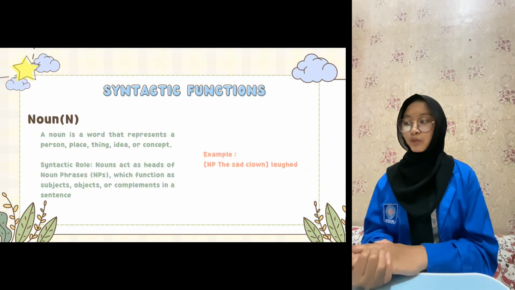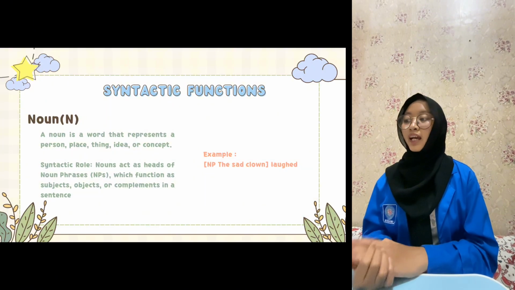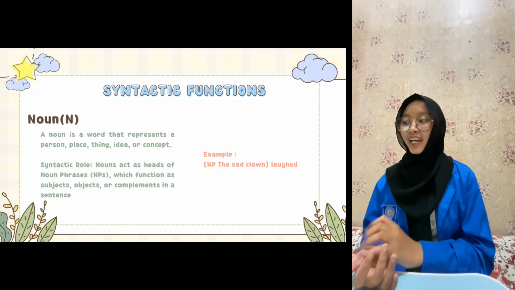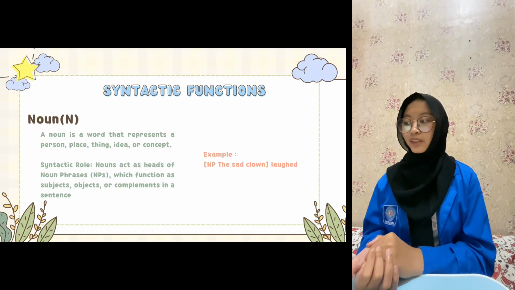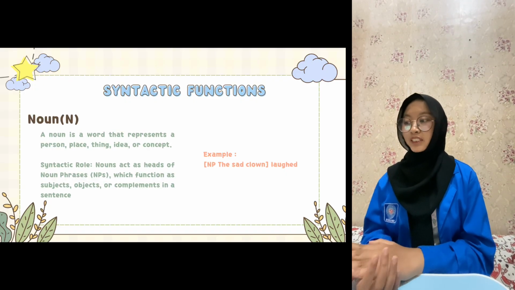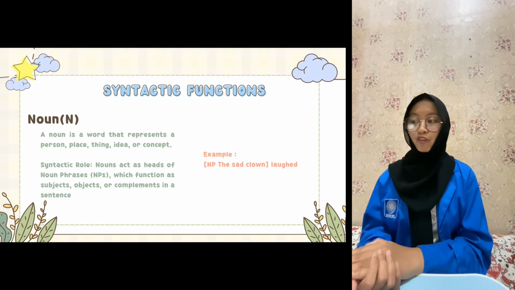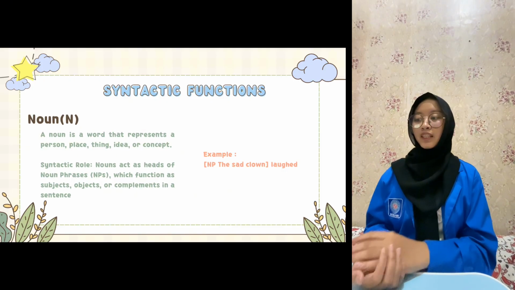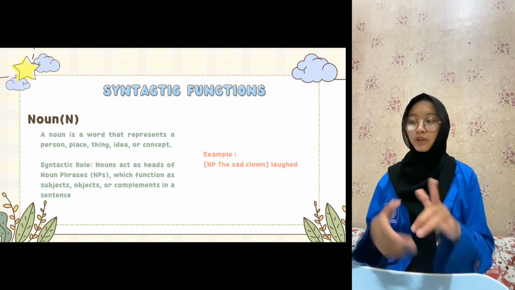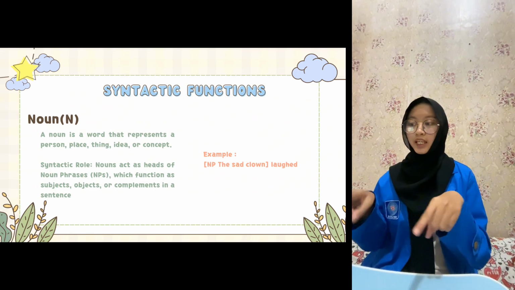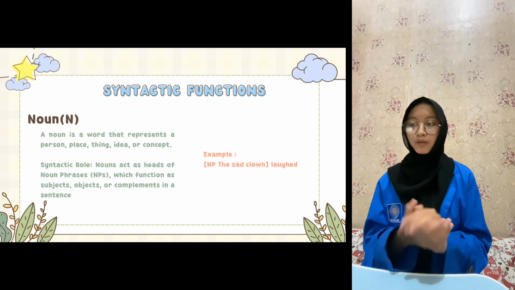For the syntactic roles, nouns act as the heads of noun phrases, or NPs, which function as subjects, objects, or complements in a sentence. For example, the sad clown. So the sad clown is the noun phrase, okay?